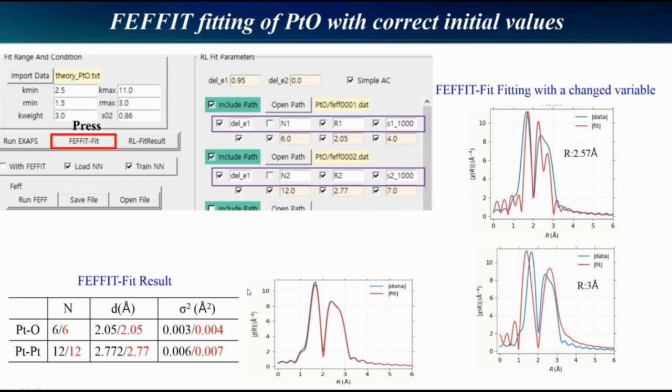In the meantime, the FEFFIT fitting is shown for the mimic platinum oxide data using correct initial values like this. The fitting ranges and k weight are 2.5 to 11 for k space, 1.5 to 3 for R space, and a k weight of 3.